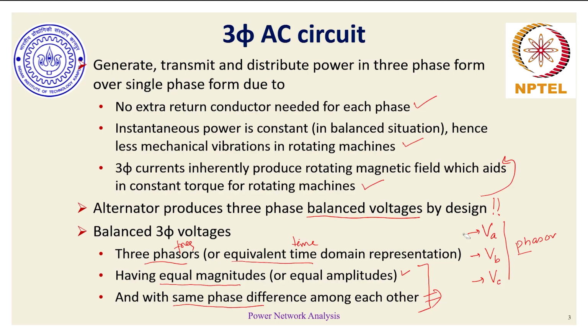Fortescue's theorem is not only applicable for three-phase systems, it can be applicable for any n-phase system where n is more than 1. So basically it can be applicable for two-phase system, three-phase system, four-phase system, and so on. So from Fortescue's theorem, we can figure out what is going to be the phase angle difference.